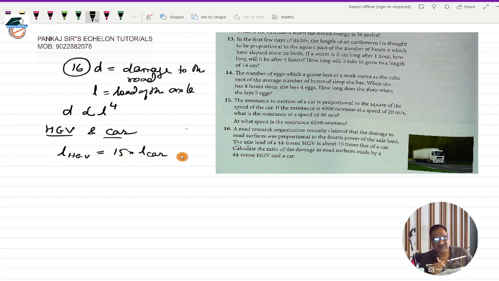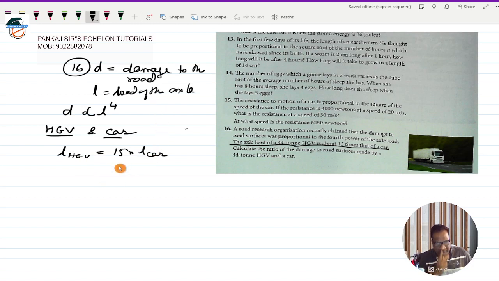Now I'll show you where it is written. See here it is written, the axle load of the 44 ton HGV. So this is a HGV whose weight is 44 ton. So the axle load of this 44 ton HGV is about 15 times the load of a car. So can I write this L HGV is equal to 15 times L car? Okay, because L is representing the load of the axle.